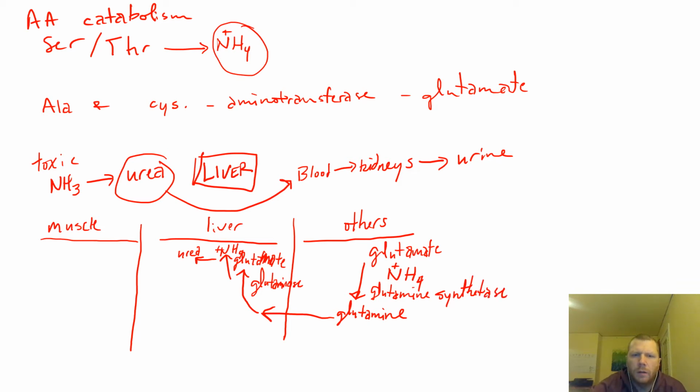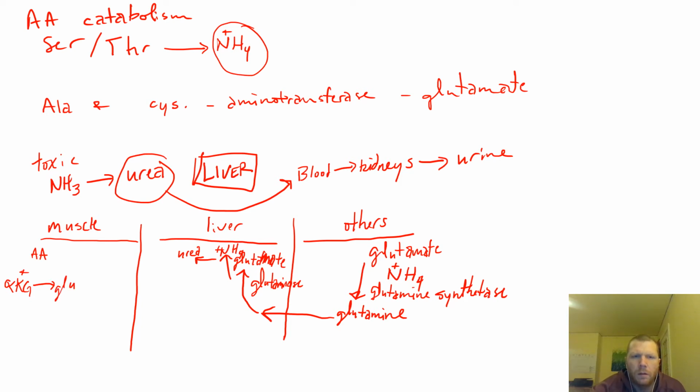Okay, so now if we go over to muscle tissue, well, we can use an amino acid and use an amino transferase, as is the case with alanine and cysteine. And what we can do is transfer our NH4 from here, or NH3 from here, onto alpha ketoglutarate and make glutamate, GLU.